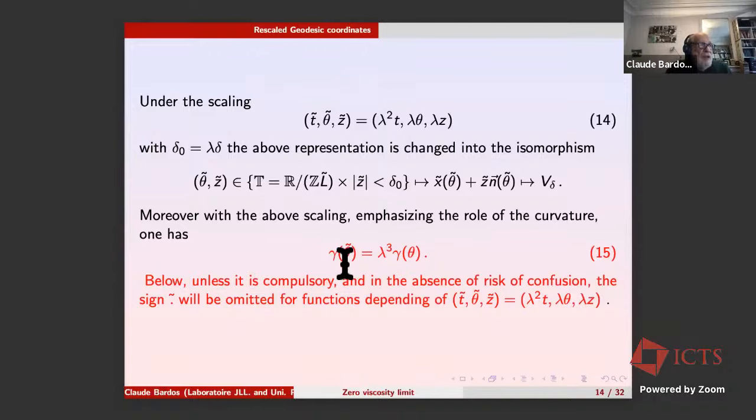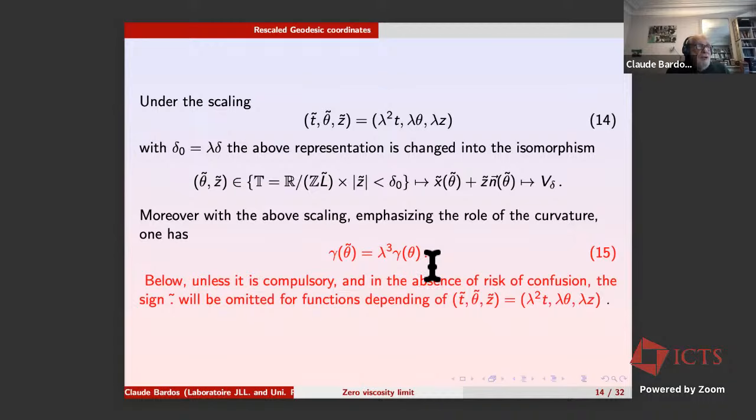If you take lambda small enough, that will be enough to control the vorticity. Then I just mention that in the rest of the proof, when there is no confusion, I will omit the tilde for the variables lambda squared t, lambda theta, lambda z.